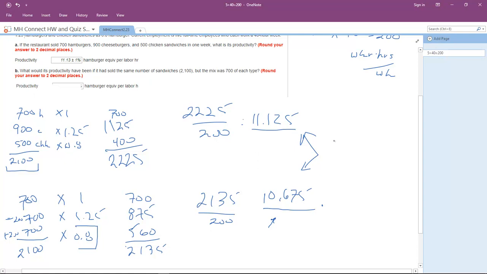This is sensitivity analysis. If we take every one of these types of problems throughout the course and look at what's really going on, we can look at what the sensitivity is. And here, if the sales of chicken sandwiches start increasing, our productivity actually goes down. Hopefully that helps you a little bit with one of the more complicated ones. Apparently complicated at first, but then you can see how pretty straightforward it is.